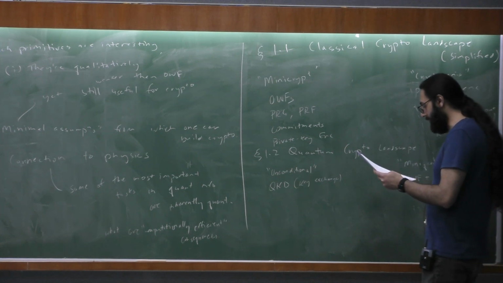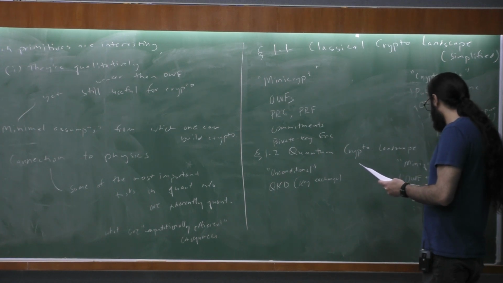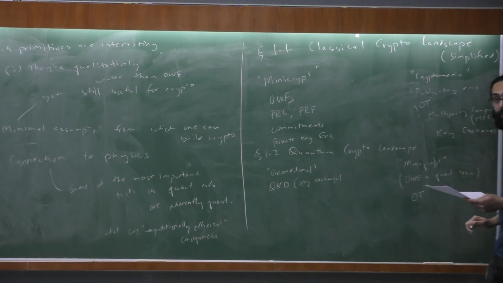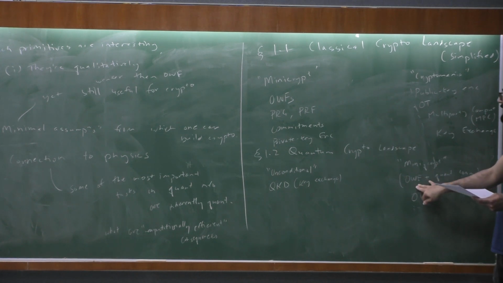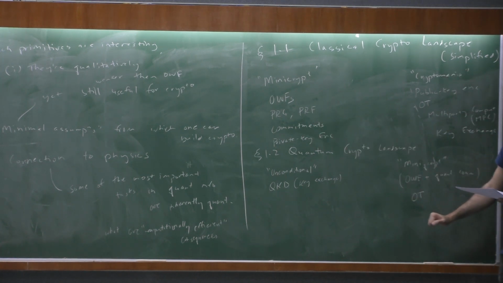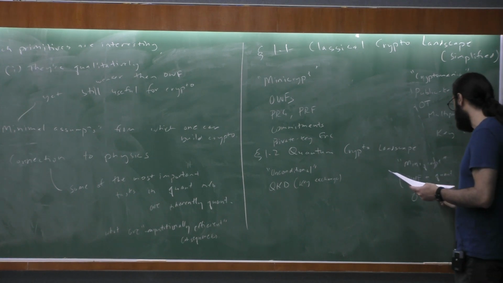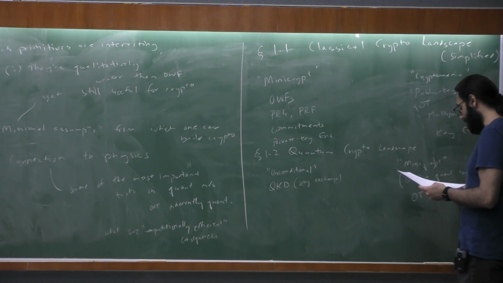And it turns out that you can actually do oblivious transfer here. Just assuming one-way functions, if you have only classical communication, we don't know how to do oblivious transfer. But in the quantum world, with one-way functions and quantum communication, you can do oblivious transfer, and consequently also multi-party computation.